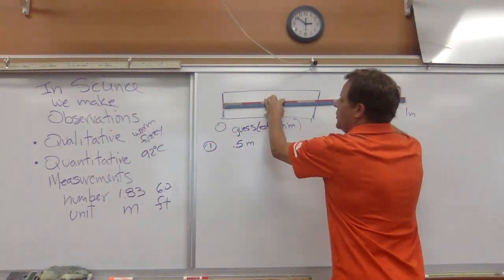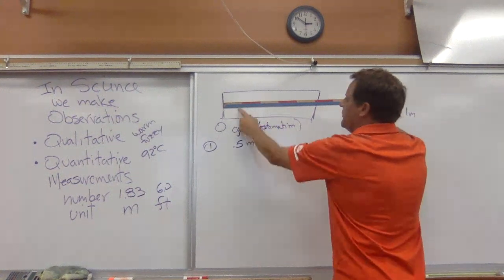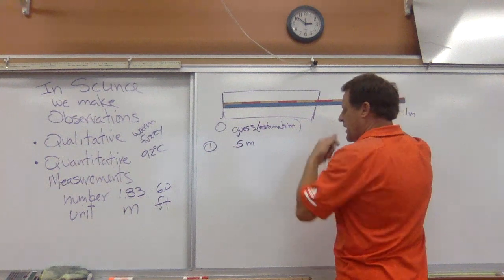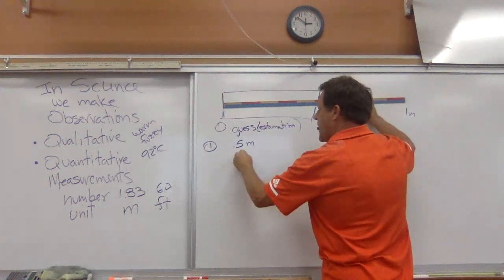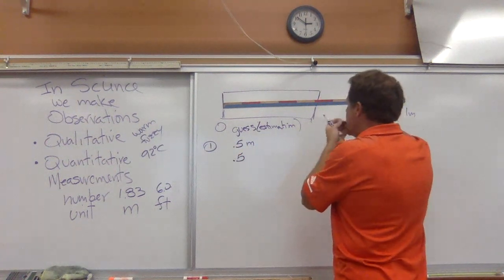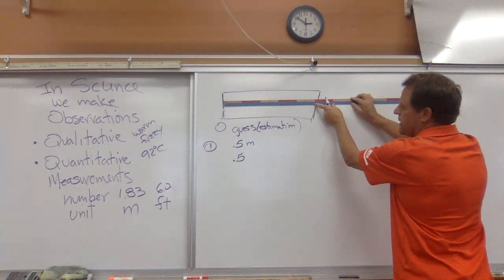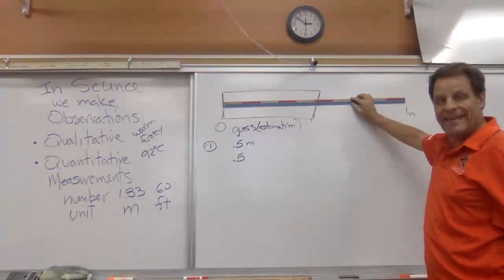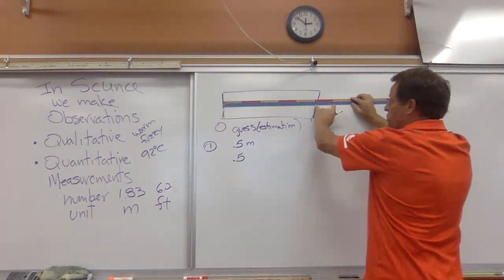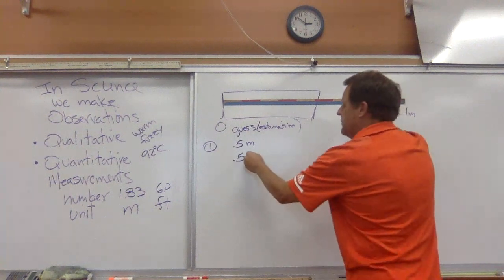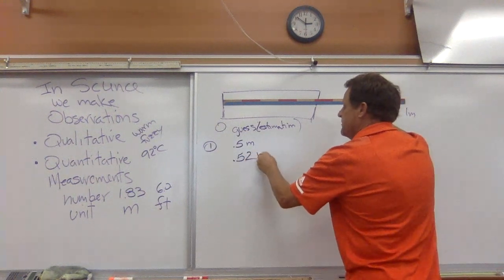We can see that we've got 1, 2, 3, 4, 5. And now we've got this little section here. In this little section, we can guess, because now we're between two divisions, and I'm going to guess that that is a 2.